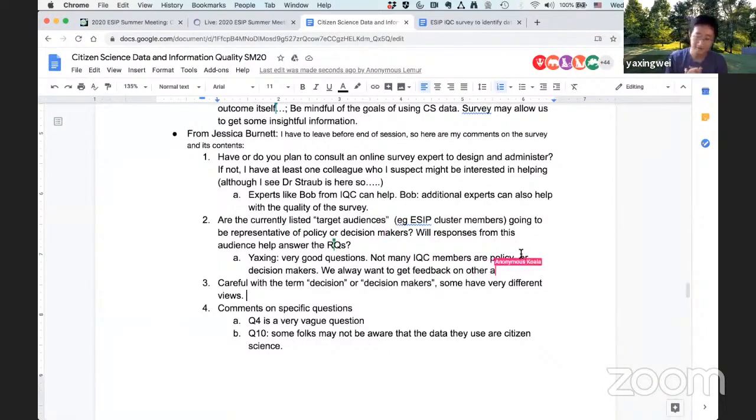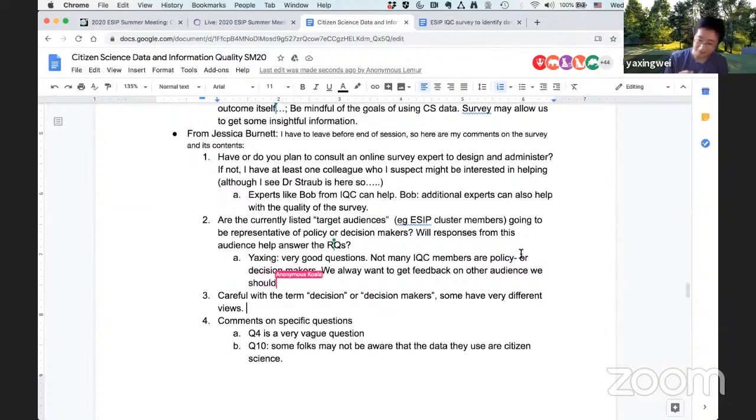I think one reason that we include other types of users, even though they have not directly done decision making, such as the data analysis storage. I hope that makes sense.